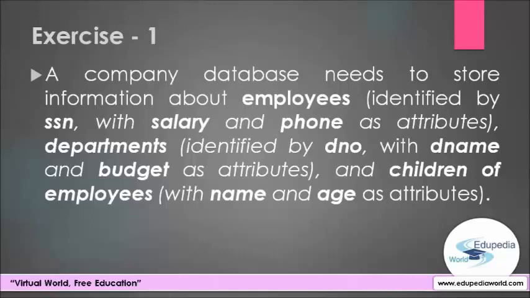So we can identify entities as employees, departments, and children of the employees. Under the employees, there are three attributes: social security number, salary, and the phone. Under the departments entity, there are three attributes: department number, department name, and the budget. And for the children of employees entity, it has two attributes: name and age.